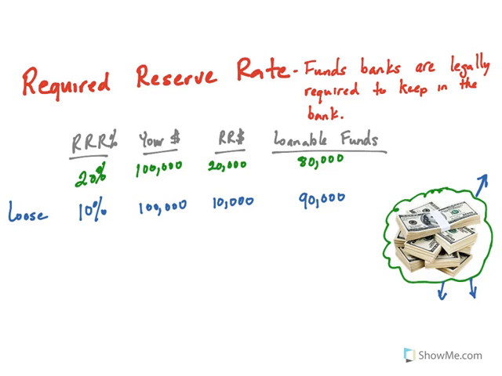There's more money now in the monetary supply. Consumerism is occurring, and the economy begins to strengthen because we have expanded the monetary supply. So by decreasing the required reserve rate, we would tend to increase loanable funds.